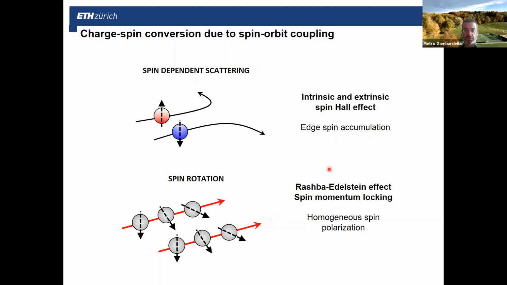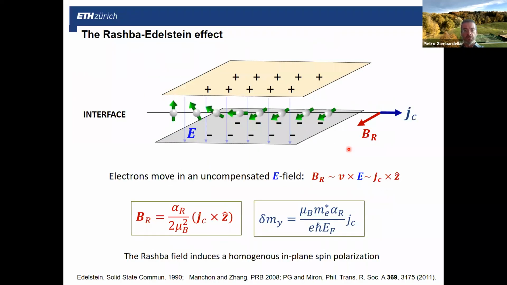And this is the case, for example, of the so-called Rashba-Edelstein effect. So these effects are useful because they allow to obtain either a spin accumulation or a spin polarization, and then these non-equilibrium spin distributions can be used for controlling the orientation of the magnetization in magnets.